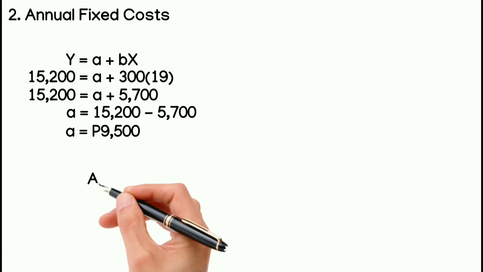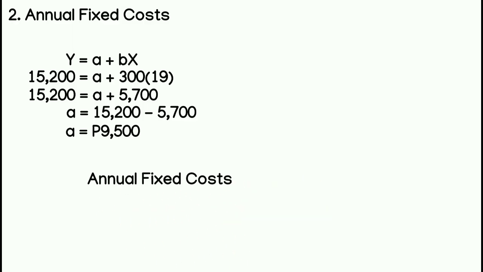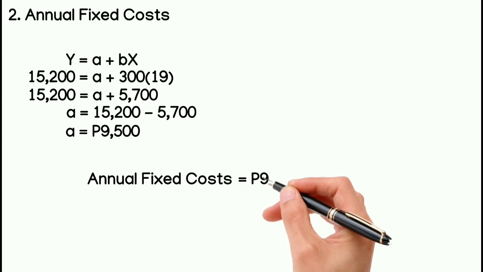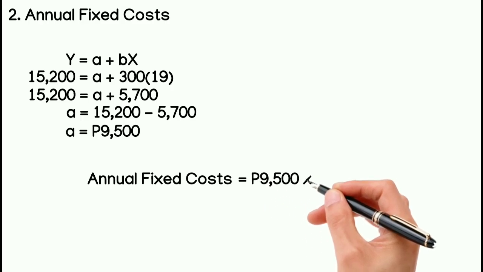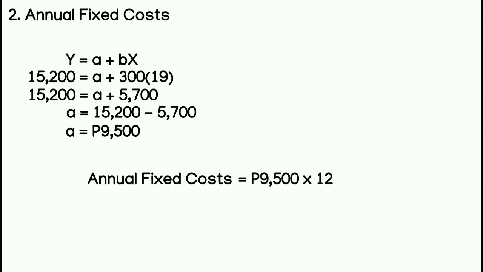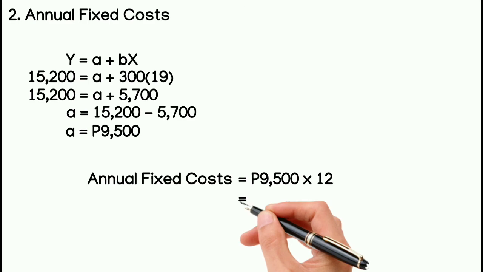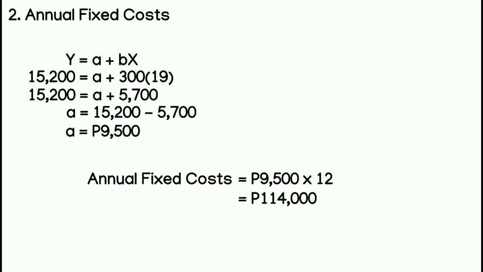Therefore, since ang hinahanap ay annual fixed costs, kailangan pa nating i-multiply yung 9,500 pesos sa 12 months. 9,500 pesos times 12 months, that is equal to 114,000 pesos. At yang 114,000 pesos, yan ang ating annual fixed costs.